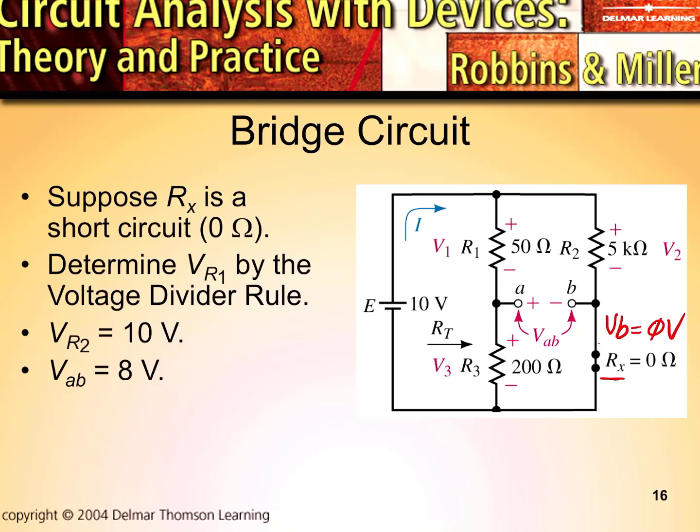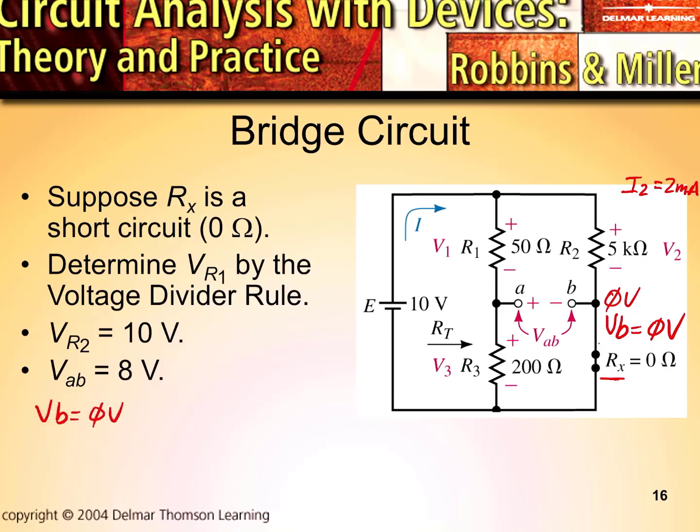So that branch current, I2, will equal 10 volts divided by 5K, which will equal 2 milliamps. So now 2 milliamps times 5K is a total of 10 volts across that device, making it 0 volts right here. So we can no doubt say that VB is equal to 0 volts.